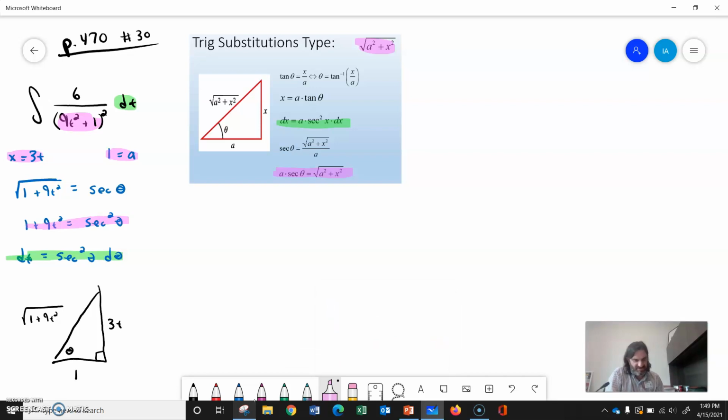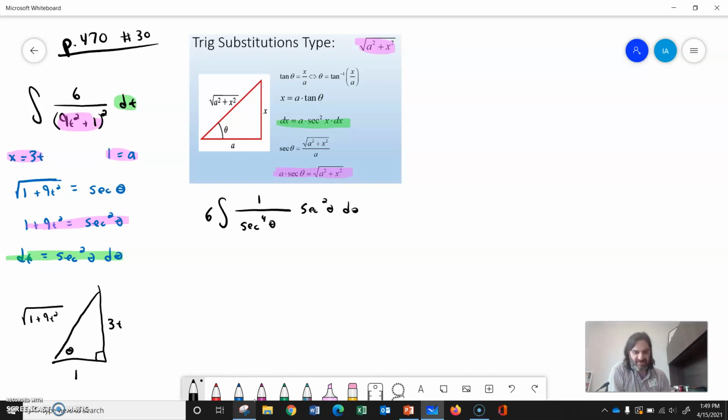So let's make a couple of substitutions here. We got that 6 up top, so let's pull it out front. We'll have 6 times the integration of 1 on top. On the bottom we got 9t squared plus 1, which we're calling secant squared, but that is a quantity squared, so we'll make that secant to the 4th theta, and then the dt will be secant squared theta d theta.